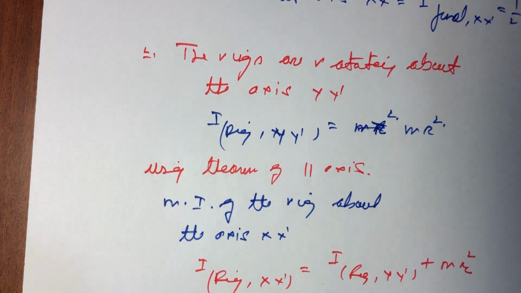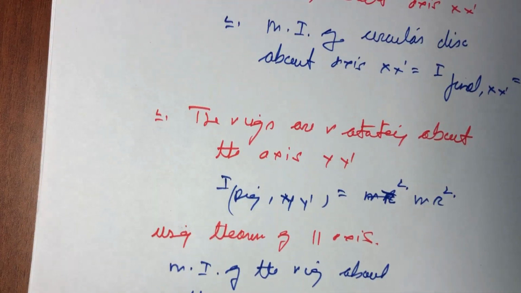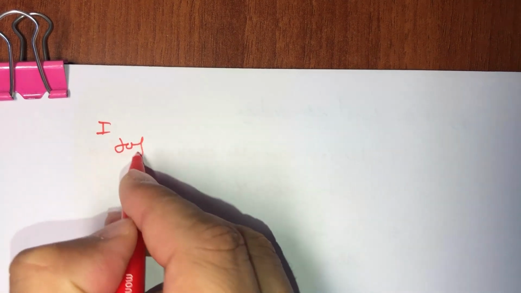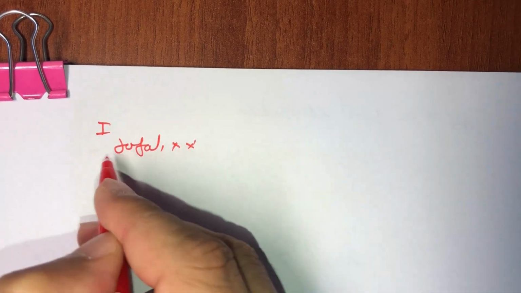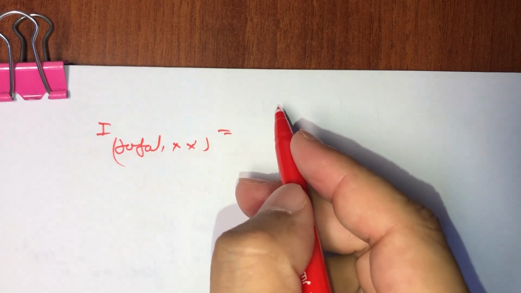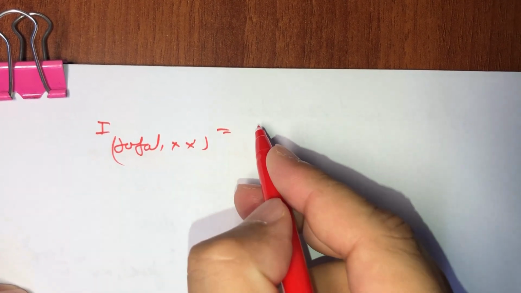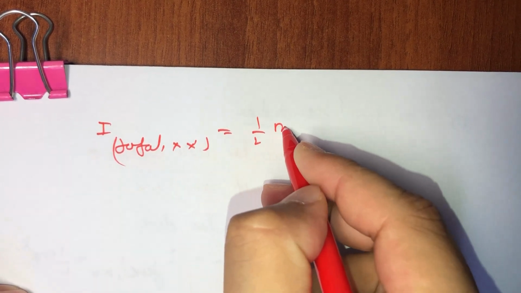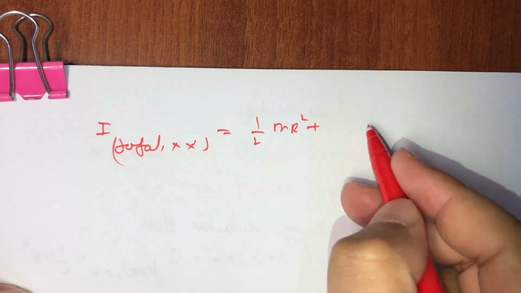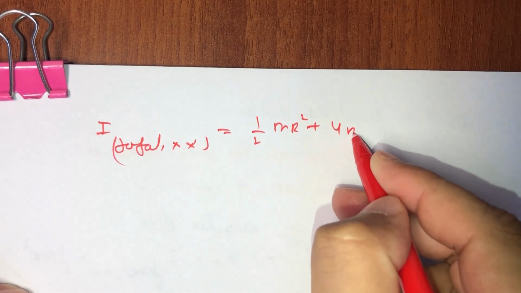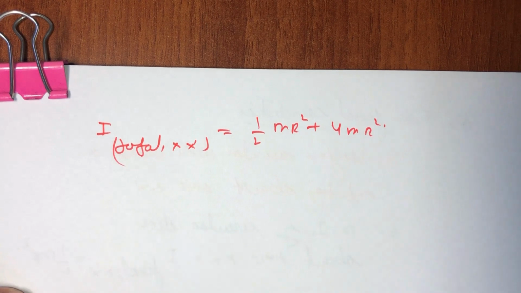Now it's an easy calculation. Simply substitute the values. So we get I total about x prime equal to half mr square plus 4mr square.